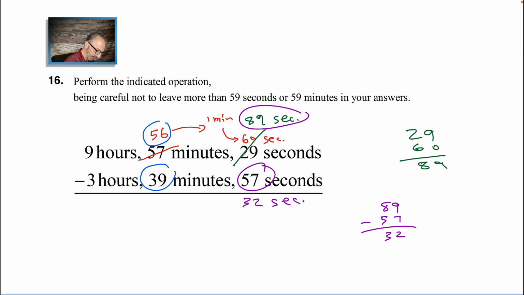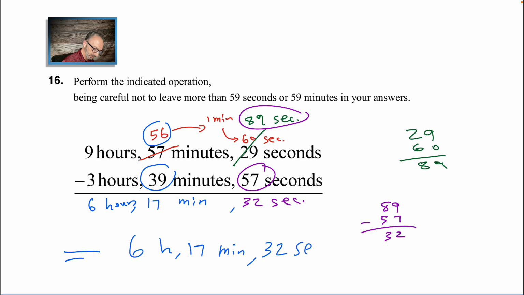So we could do it quickly, and we could write that is 17 minutes. 9 hours minus 3 hours, we didn't have to borrow or touch it, 6 hours. So what's the final answer? The final answer is 6 hours, 17 minutes, and 32 seconds. That's the final answer.